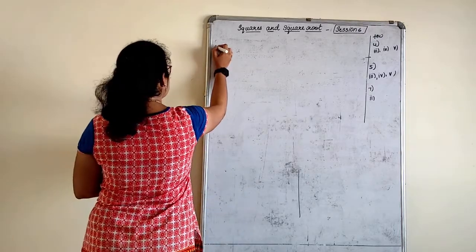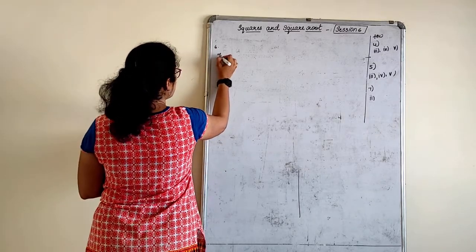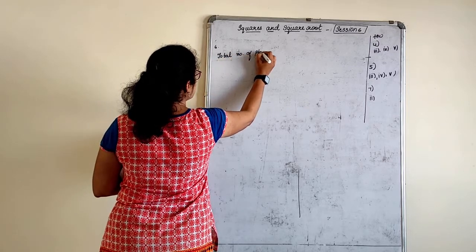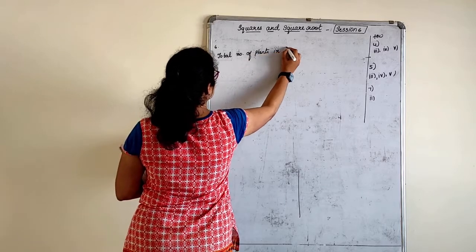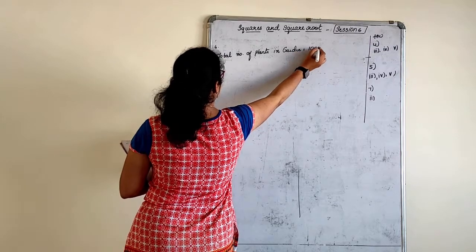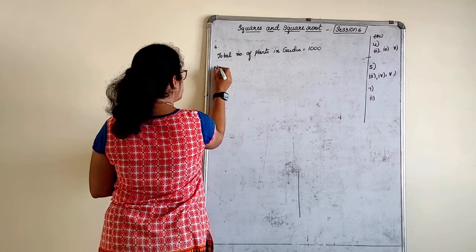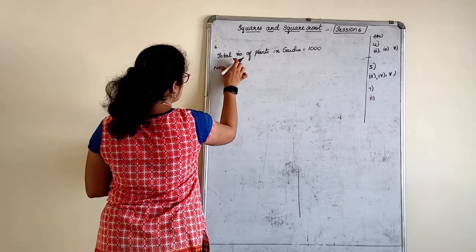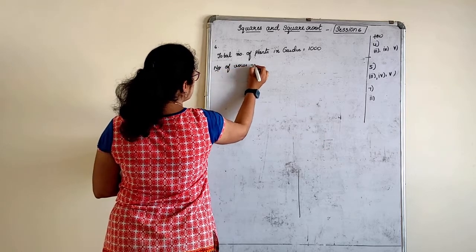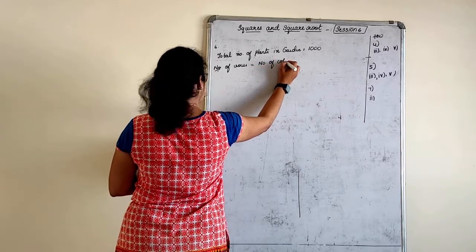Start with this sixth one. Given: total number of plants in the garden is 1000. So number of rows is equal to number of columns according to him, right?